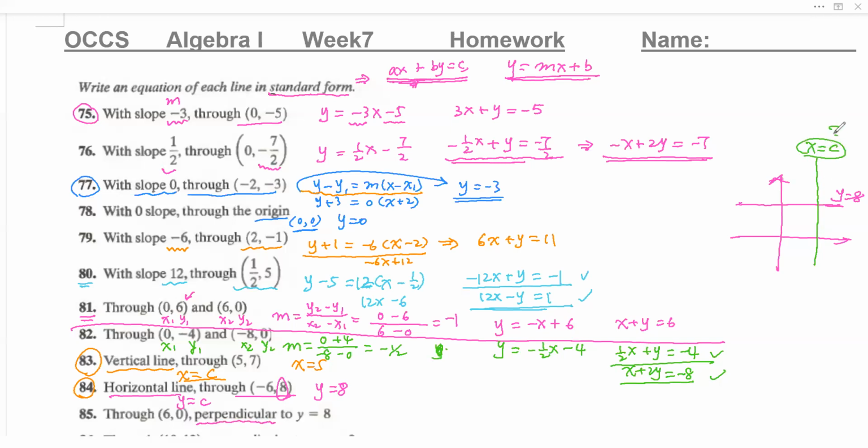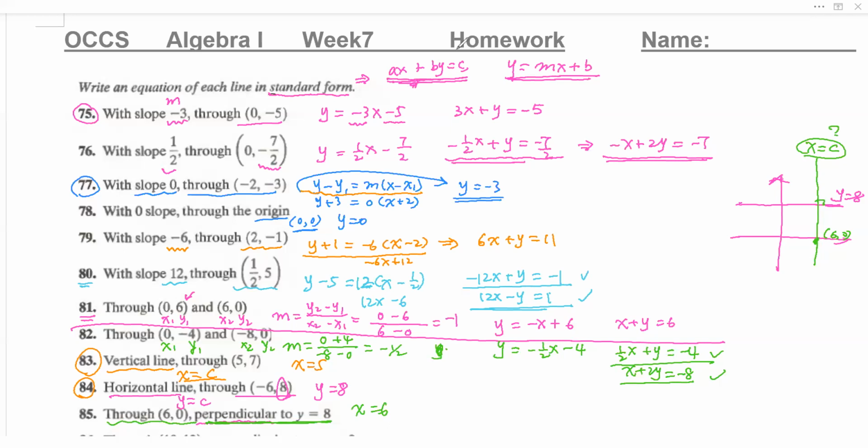The slope does not exist or is infinity. So they pass this dot, perpendicular to this one means x equals 6, and perpendicular to this horizontal line will be a vertical line, so it would be x equals 6.